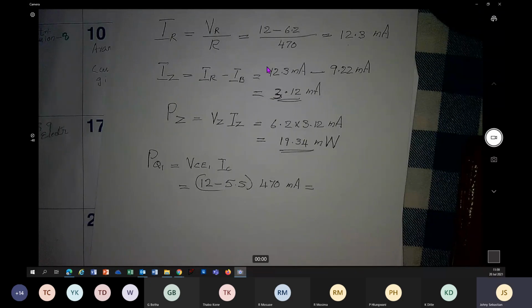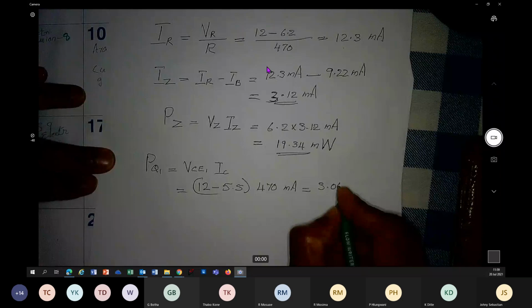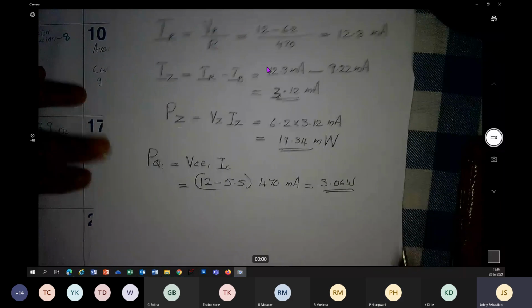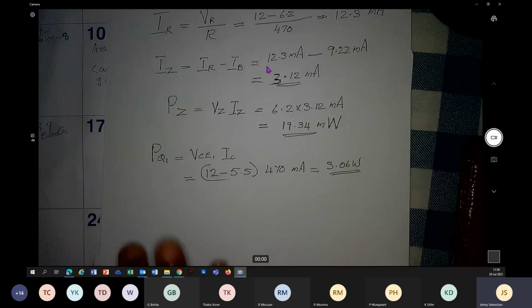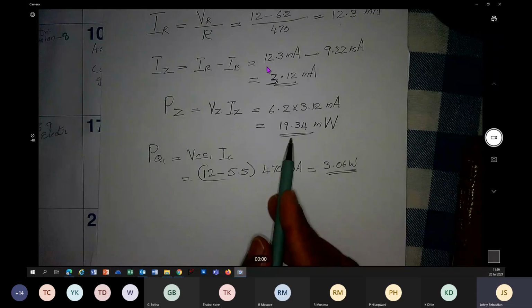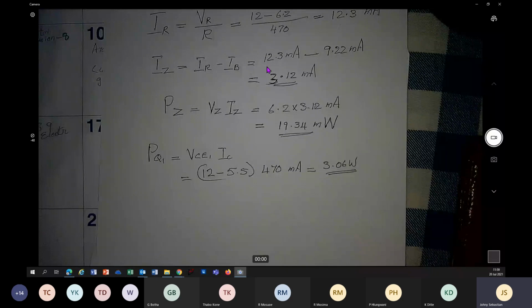Anybody got an answer? .06 watts. That is the amount of power consumed by the BJT. Now you can see the Zener diode is operating at much lower power levels. So the BJT is the most power-consuming element in this circuit.